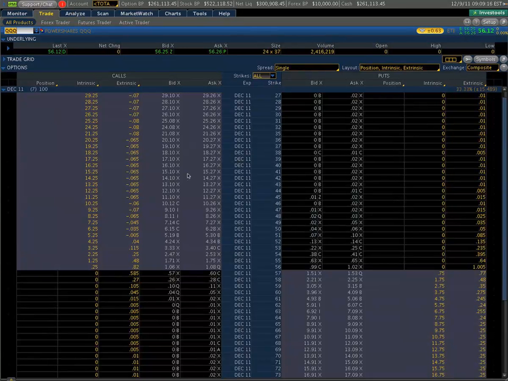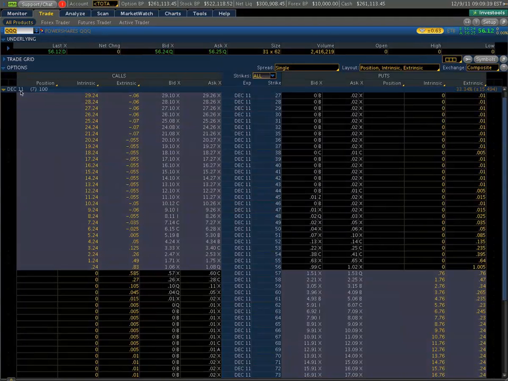Now, a call option gives the owner the right, but not the obligation, to purchase a specific security at a set price during a set period of time. This particular option chain expires in 7 days.